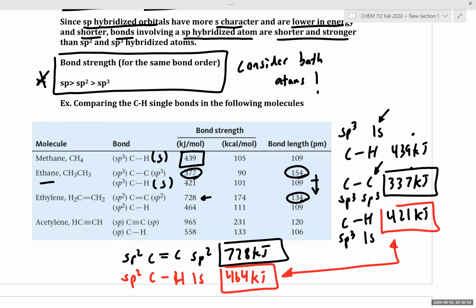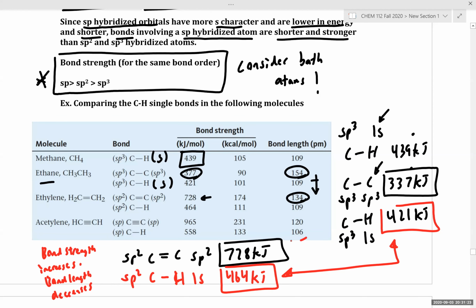So is this sp2 carbon-hydrogen bond stronger or weaker than an sp3? Stronger. Now, what's really cool is that our bond strength increases and our bond length decreases.